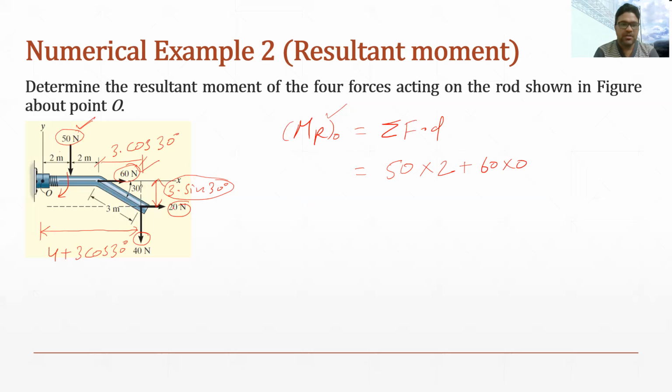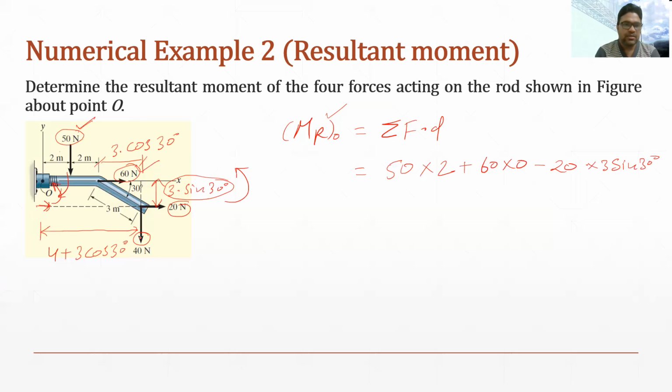Similarly, for the moment created by this force, you can see the direction is rightward, and if we take this force in the same line of action, you can see this force is trying to rotate anti-clockwise. So we will take minus 20 into 3 sine 30 degree.